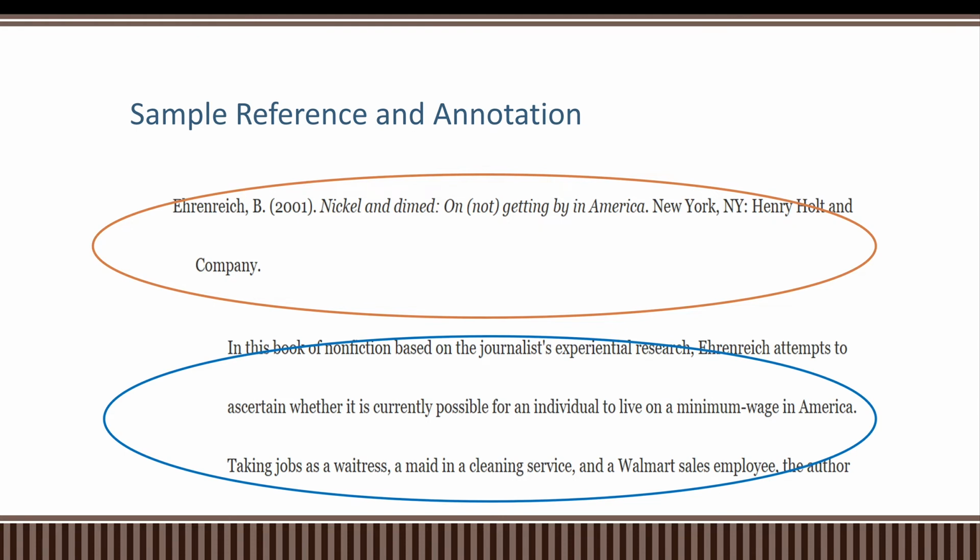The annotation is a description, but it's not just a simple description. So include both the reference and the annotation. And you won't just have one reference and annotation, you will have many references and annotations.